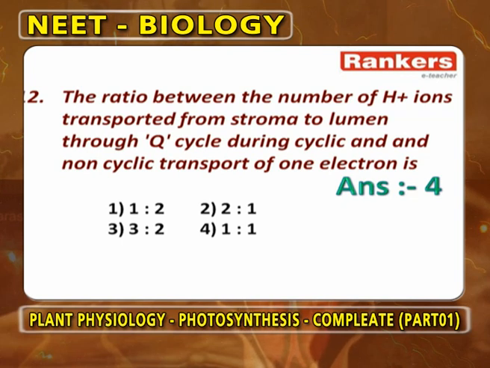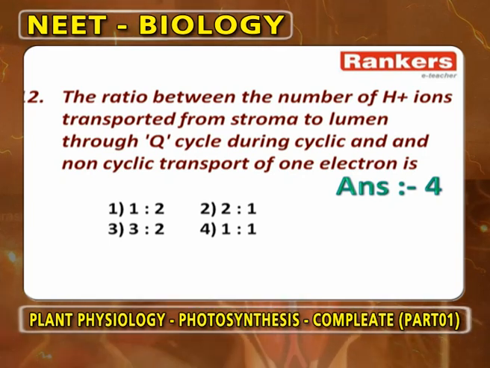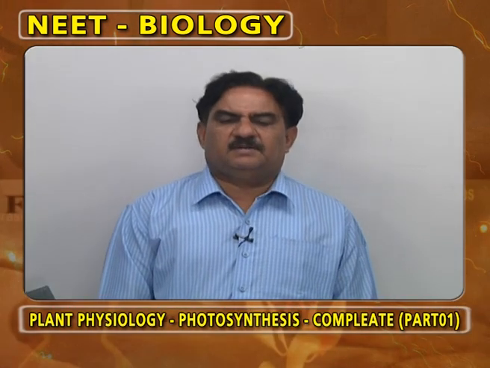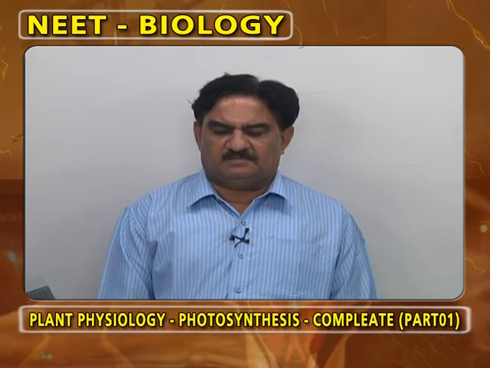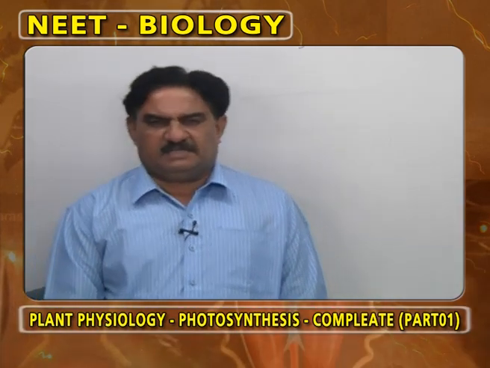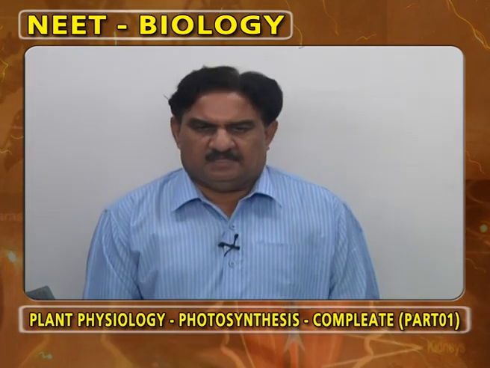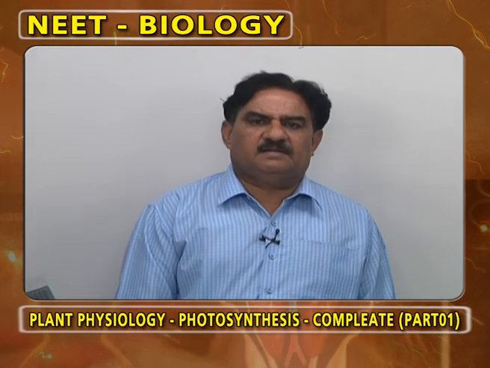The ratio between the number of protons, H plus ions, transported from stroma to lumen through the quinone cycle during cyclic and non-cyclic transport of electrons. One electron always takes 2 protons. 2 electrons always take 4 protons in both cyclic and non-cyclic.